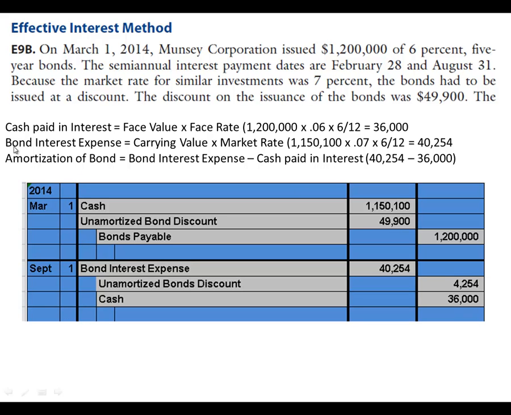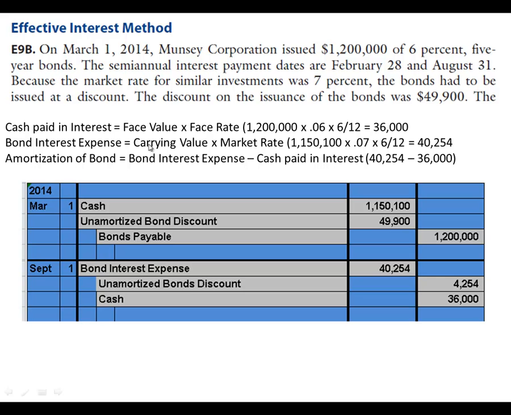What changes now is our bond interest expense. For bond interest expense, we're going to take our carrying value, which we're going to talk about, times our market rate, which is now 7%, times 6 over 12. So we're not calculating the unamortized bond discount account first. We have to calculate the bond interest expense first.